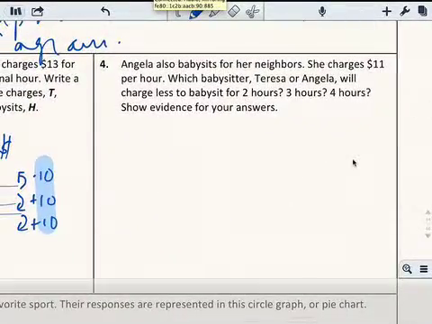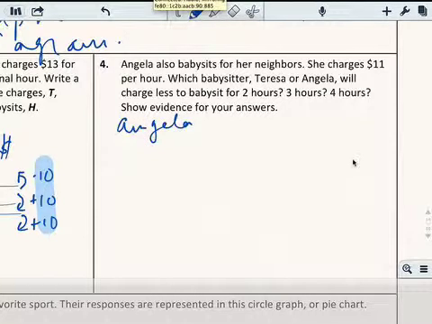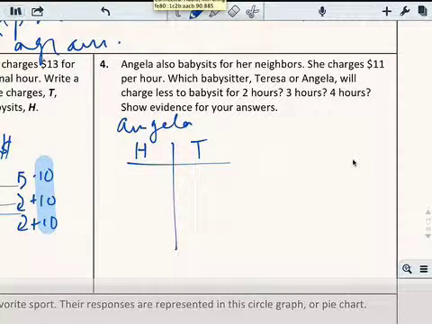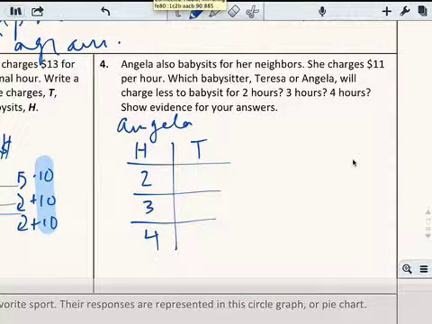All right. Angela also babysits for her neighbors. She charges $11 per hour. Which babysitter, Angela or Teresa, will charge less to babysit for 2 hours, 3 hours, 4 hours? So Angela is going to charge according to the following scheme. So hours and then total for 2 and then 3 and then 4 hours.